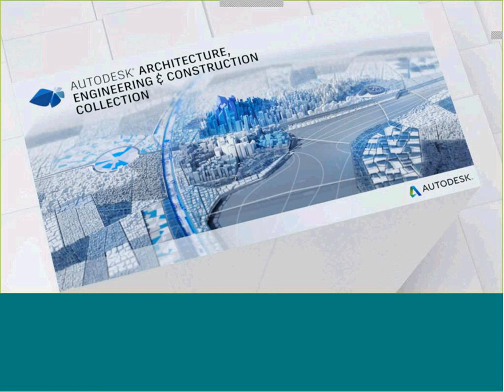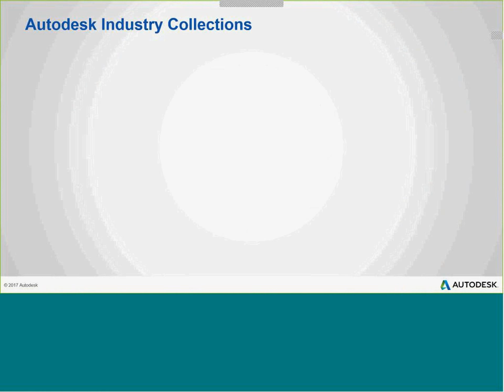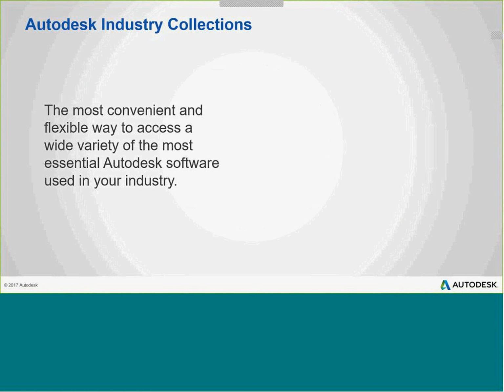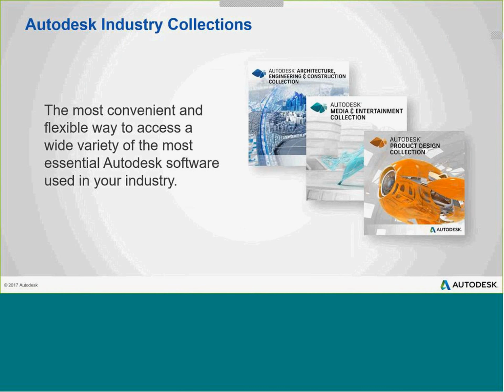So Autodesk came up with an offering that allows you to indulge in a complete workflow, whether it be architecture, engineering, and construction, media and entertainment, or product design and manufacturing.